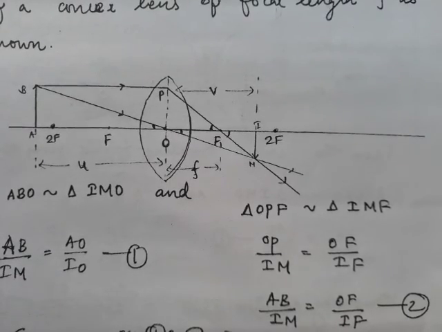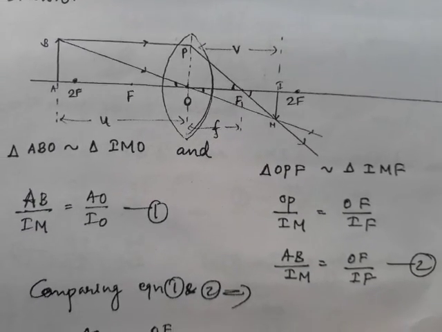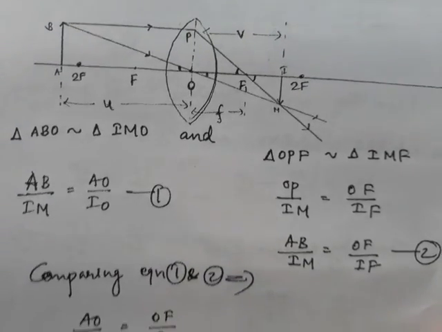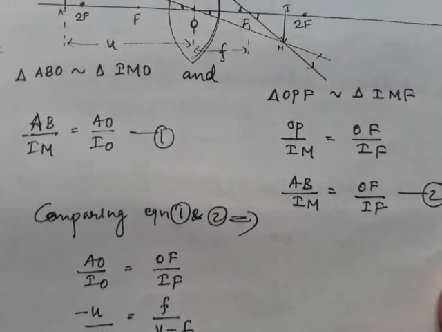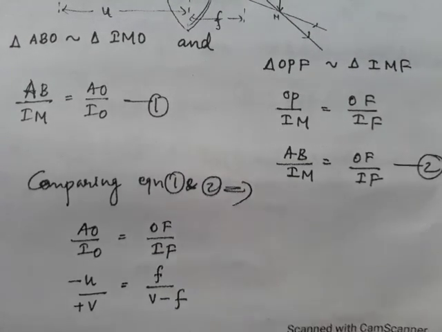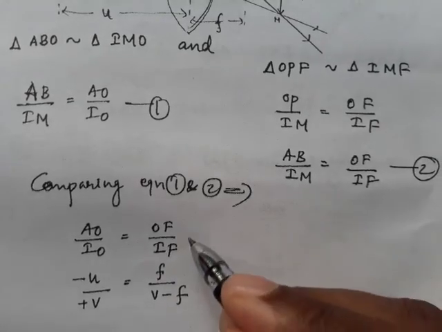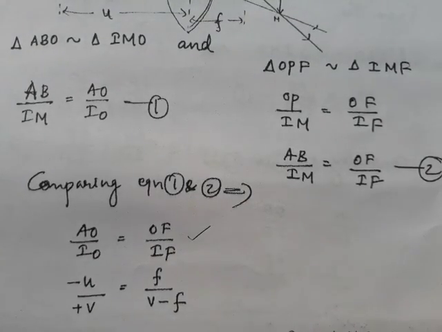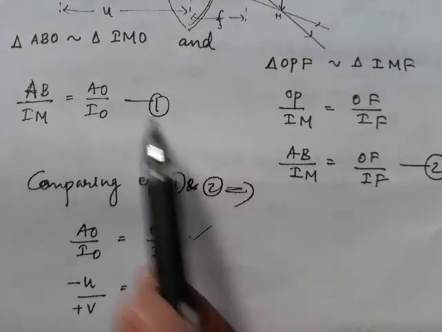So consider the two equations, equation number 1 and 2. AB by IM is common in both, which means the RHS can be equated. So AO by IO is equal to OF by IF. That is equating equation number 1 and 2.